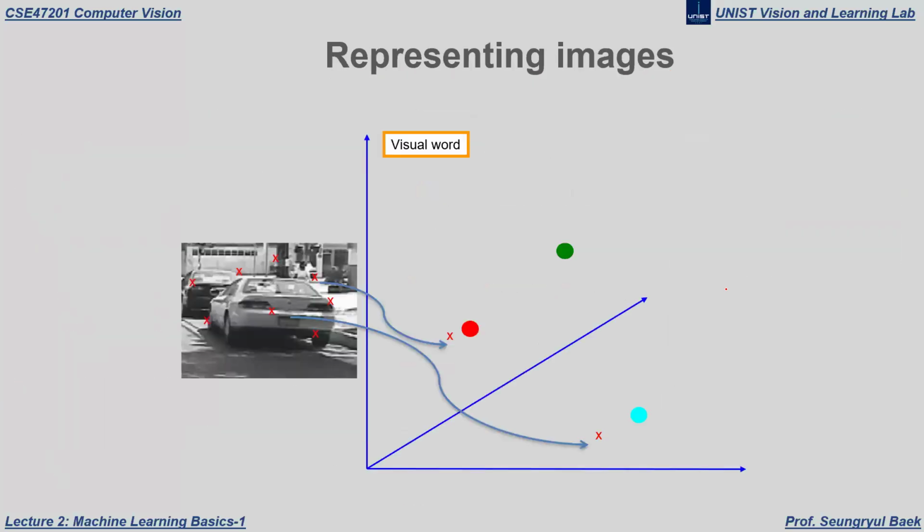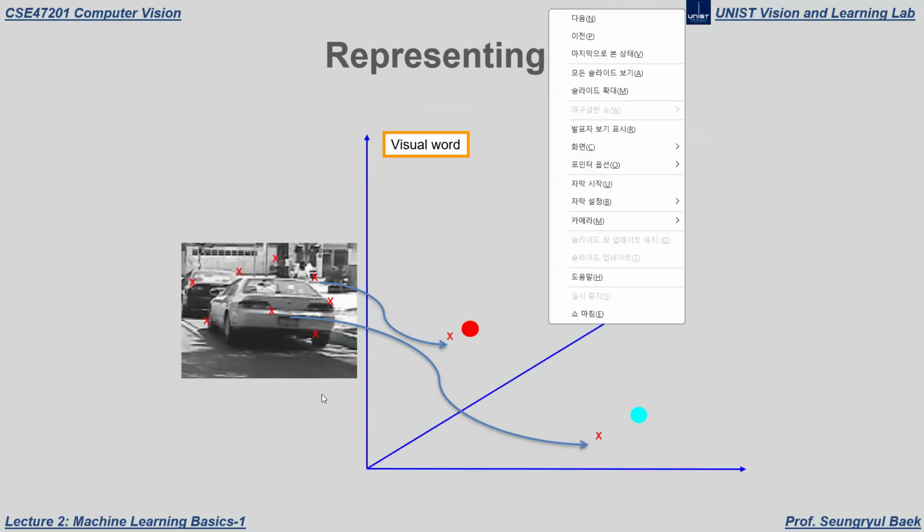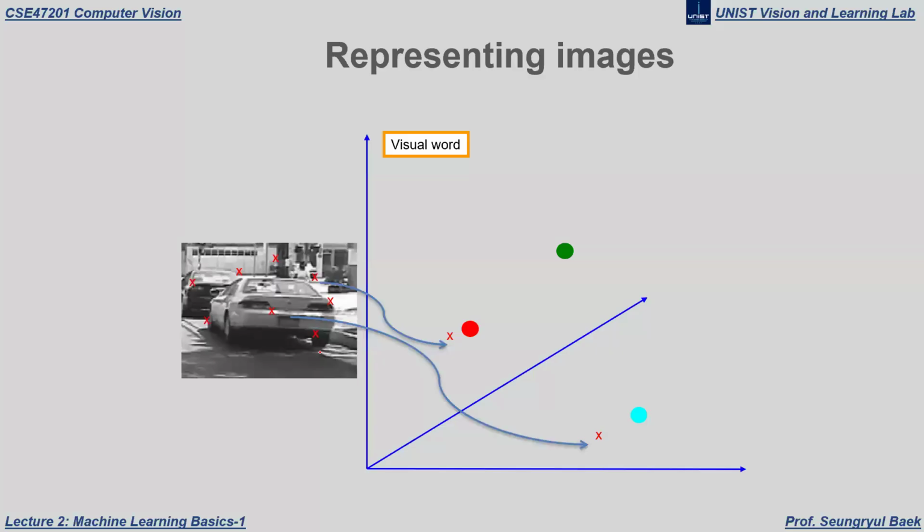And then after making this type of visual words, what we will do for the testing image is this. Using the training images, we construct the visual words, right? And for the new input X star, that is an image, we will also extract some useful regions, useful patches, and we will encode each as a vector.